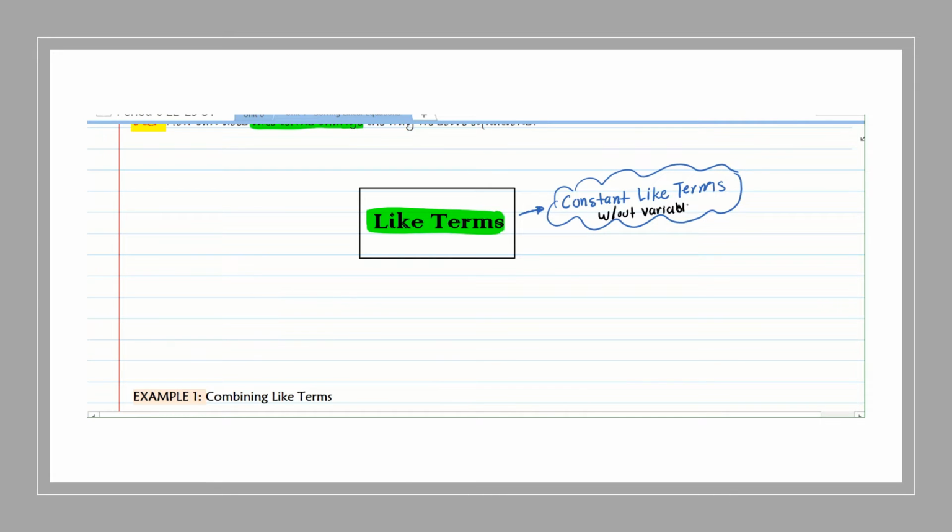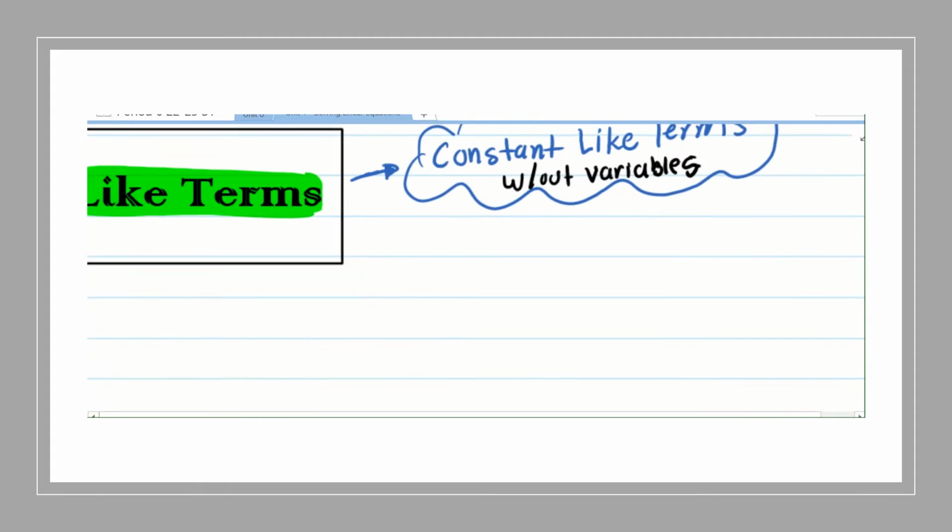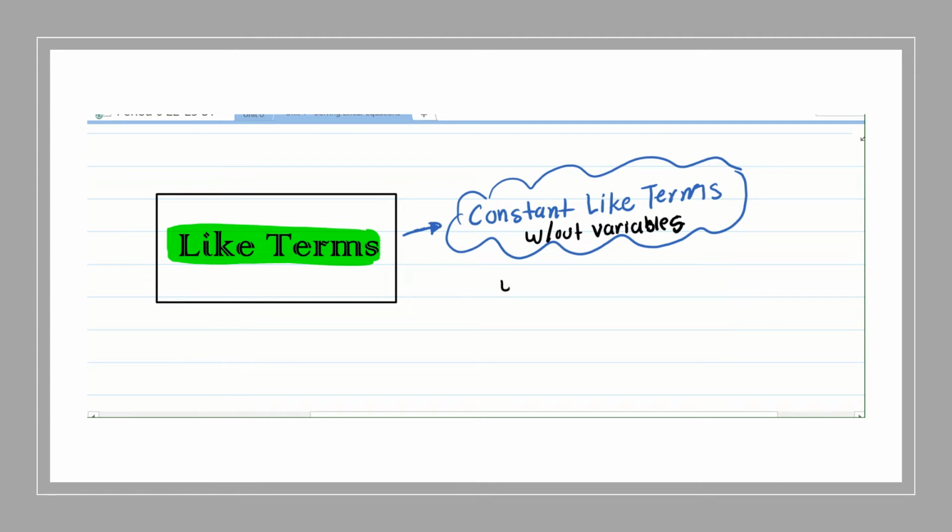Let's give you an example of what those could look like. Basically it's just any number. For example, let's say that we have positive 4 and you had another problem with positive 1 or whichever other number that didn't have a variable. In this case, let's look at negative 4 and 5.